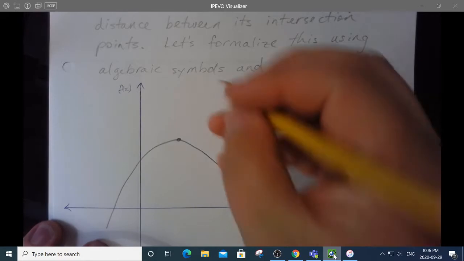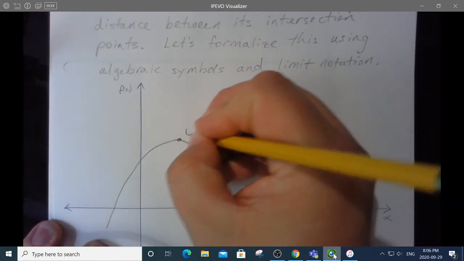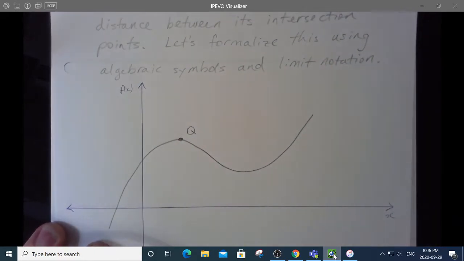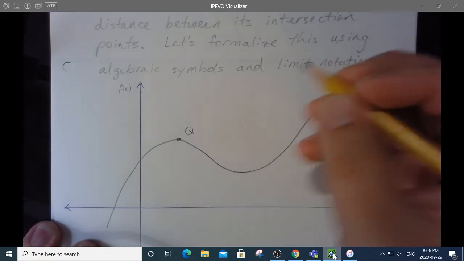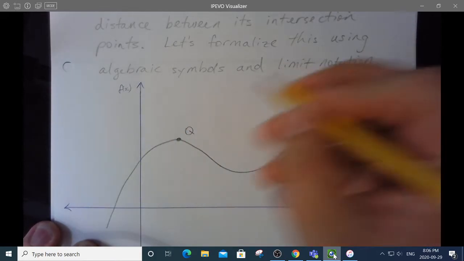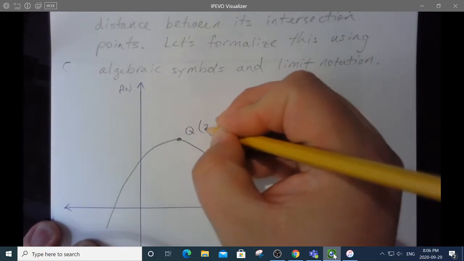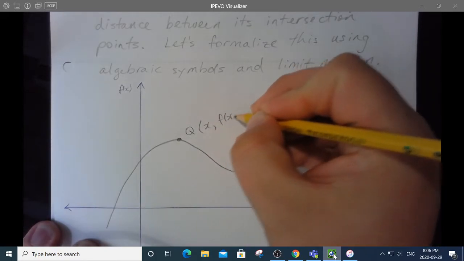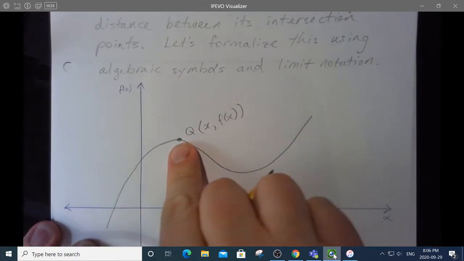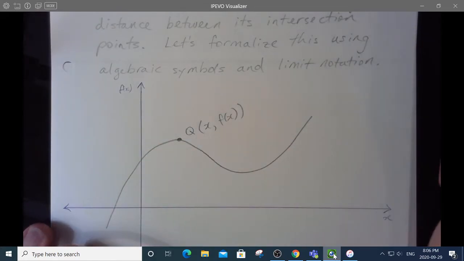And we are looking for, and again, I'm going to call this Q. I actually had a specific Q because I had to plot a specific point on Desmos. But let's say I don't really have a specific value for the x coordinate at Q. I'm just going to call its x coordinate x. And I'm going to call its y coordinate f of x, the value that I'd get when I run this x number through whatever formula makes that curve.